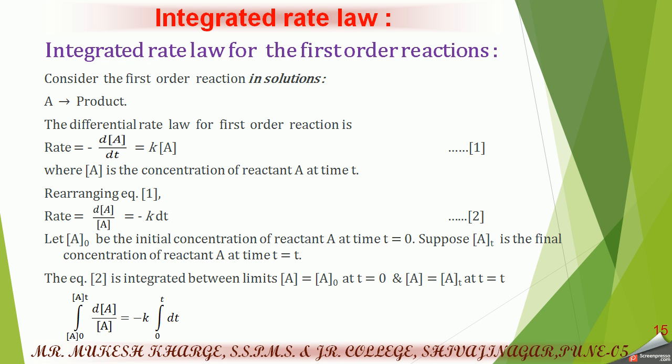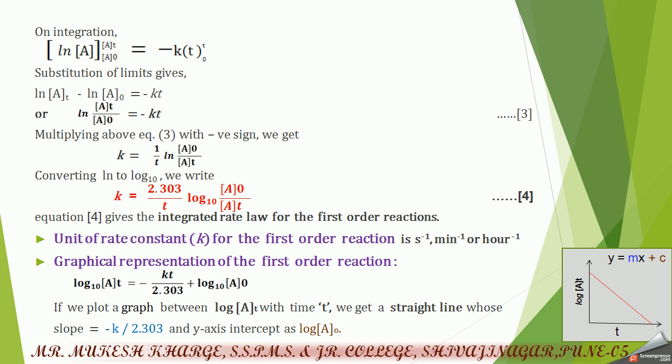If you use these formulas, then you can easily integrate this equation. Then what do we get? Log to the base e can also be denoted by ln. So ln A, with lower limit A0 and upper limit At, is equal to minus k, integration of dt is t, and limit is 0 to t.